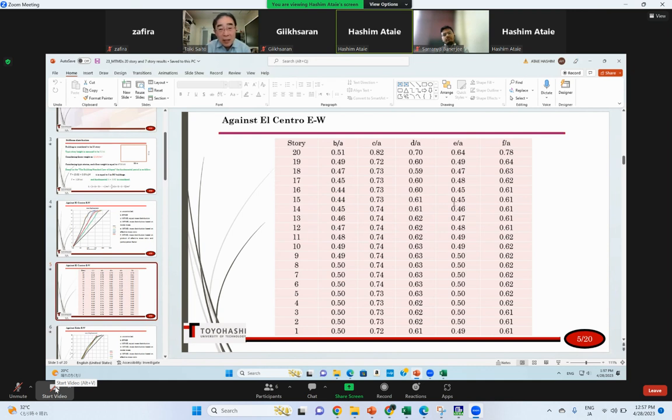So this is the result of the displacement of the building with TMD and controls. If this value is small, it's good, right? Yes. Which one is good?